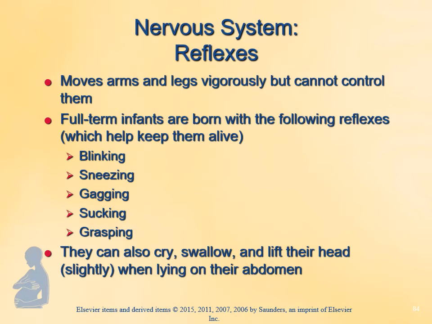One of the things that is unique about babies when they're first born is that they really don't have a lot of control over their body movements. So they tend to just have very gross motor movements versus fine motor movements. They are born with reflexes, which will help keep them alive. These include blinking, sneezing, gagging, sucking, and grasping.